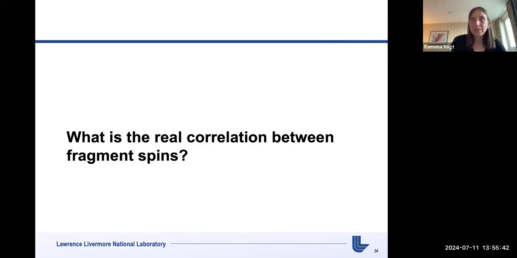Anything where you can make the momentum vectors add up is possible. And that kind of goes back to this correlation between the fragment spins that I didn't really talk about.